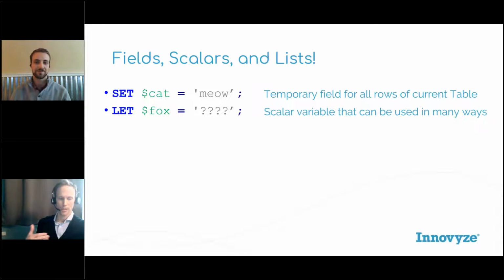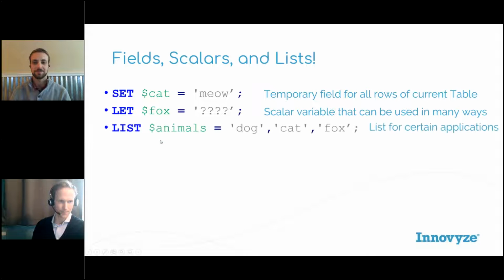You could use this later on to update your nodes, you can use it in if statements. You can do it in different things, but there's an important difference. And there's also lists. So you could say list animals. It could be strings. It could be a list of values, of numbers, and so on.